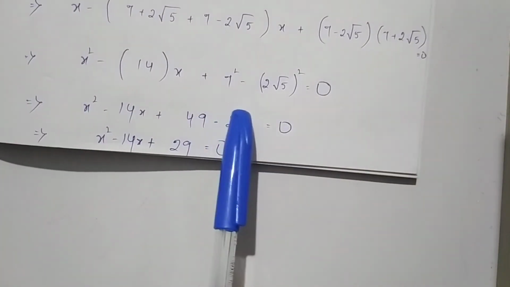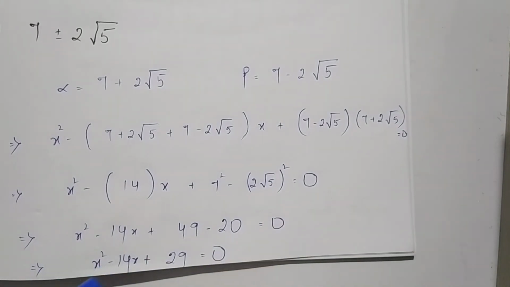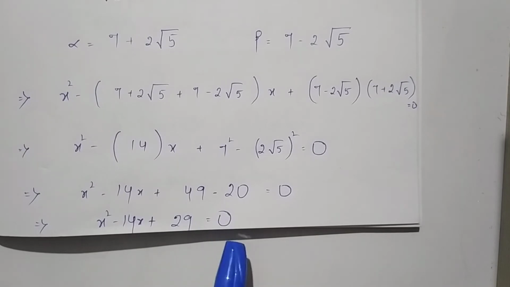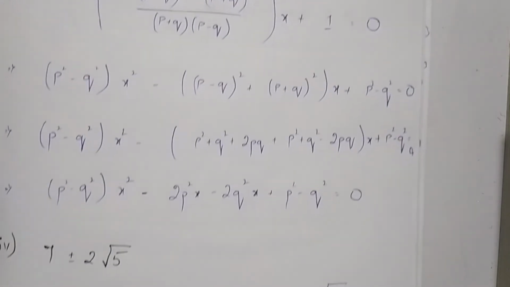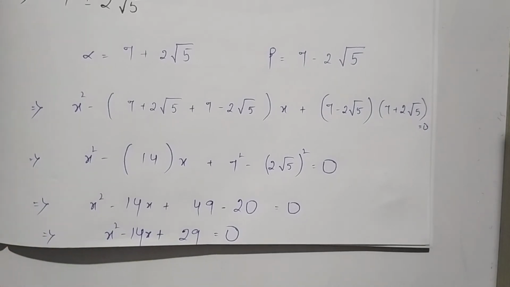So 7 square minus (2 root 5) whole square is equal to 0. On solving this, we will get the equation x square minus 14x plus 29 is equal to 0. So this is the final answer of the fourth question.